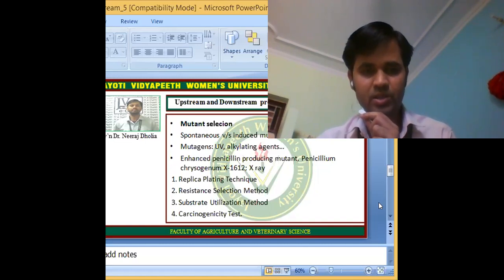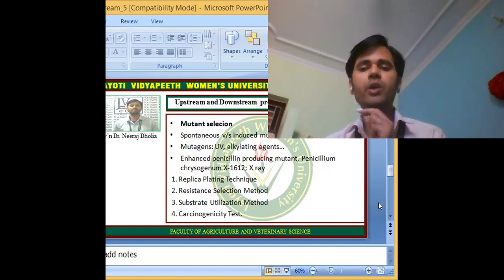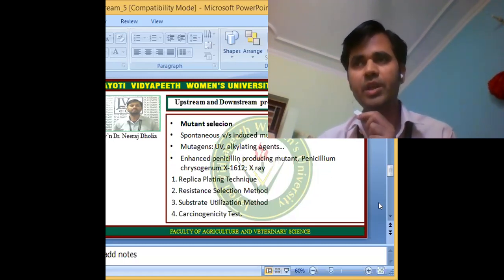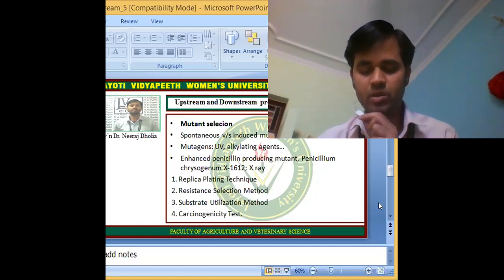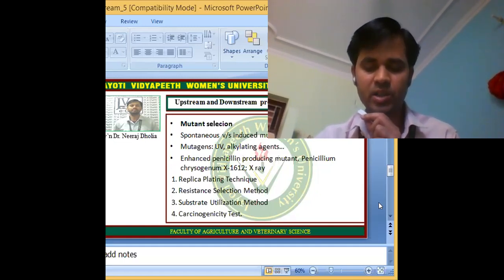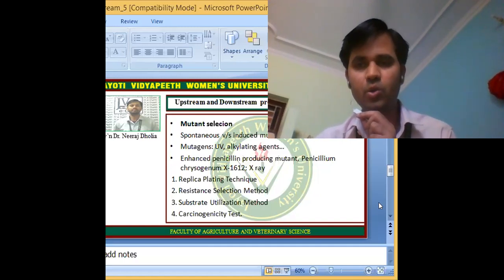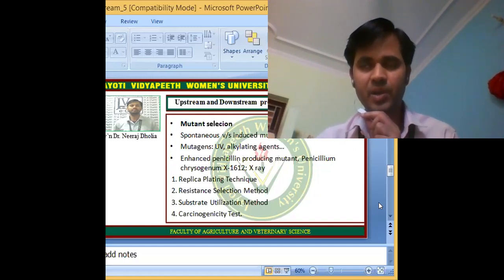So in the resistant selection method, generally the wild type strains have limited capacity for antibiotic resistance. If the microorganisms have developed the capacity to resist a specific antibiotic, they will grow on the culture plate which has the antibiotic also.